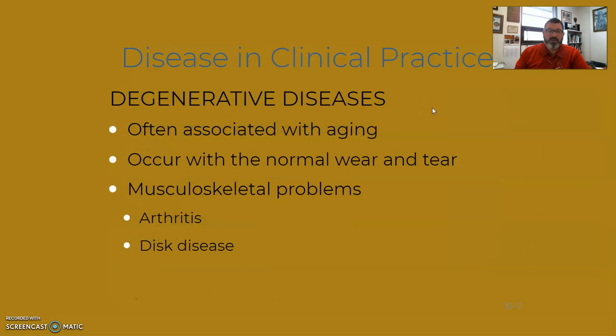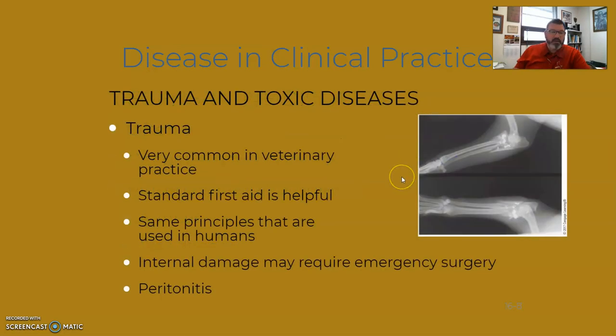Degenerative diseases, of course, are oftentimes associated with aging, with normal wear and tear, and arthritis and disc diseases are good examples of some musculoskeletal problems that may break down, arthritis setting in some of the joints and so forth. Trauma, of course, is oftentimes a big one that you have to deal with.